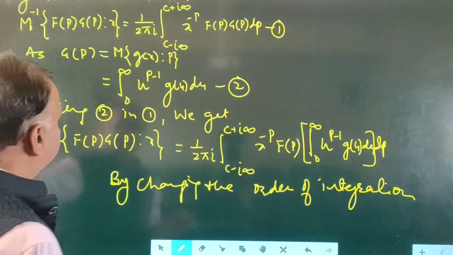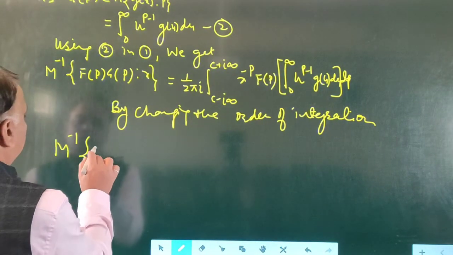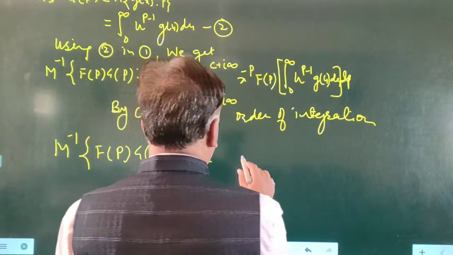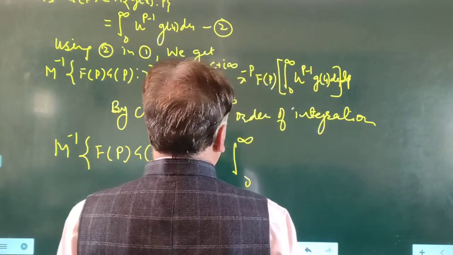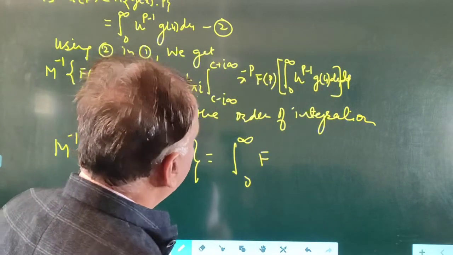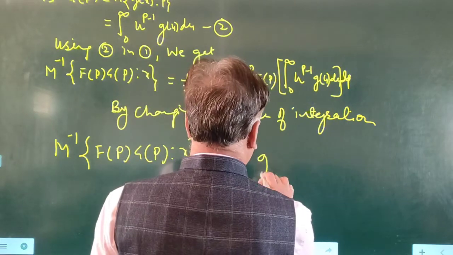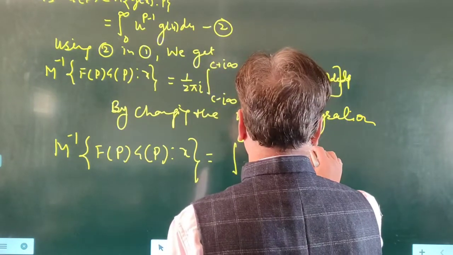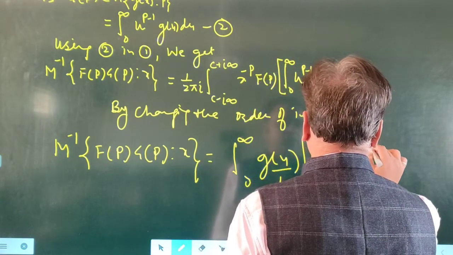We get the inverse Mellin transform of F(p) G(p) with respect to x is equal to the integral from 0 to infinity of g(u)/u multiplied by 1 upon 2 pi i, the integral from c minus i infinity to c plus i infinity.